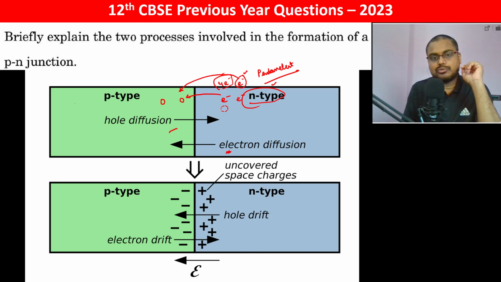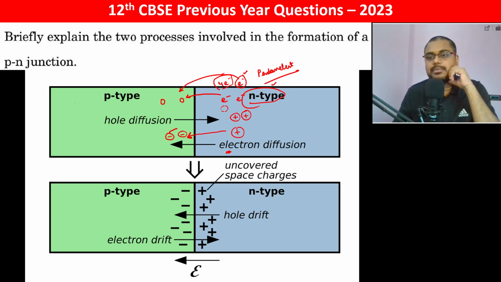When this electron moves here, a positive charge is created here, and where the electron goes, there is a negative charge. So there is a potential difference across the p-n junction.